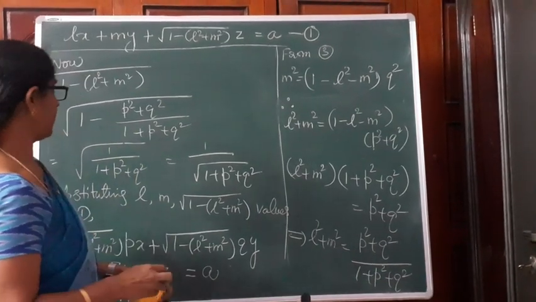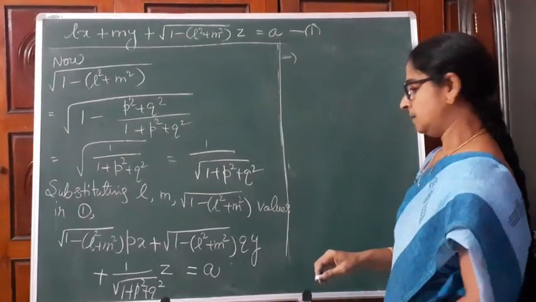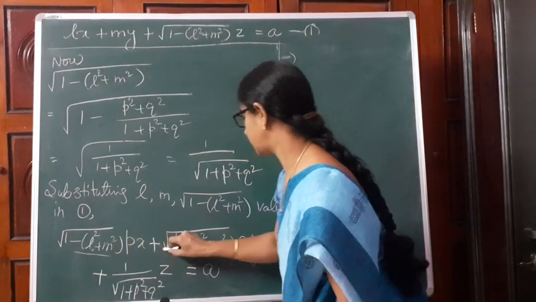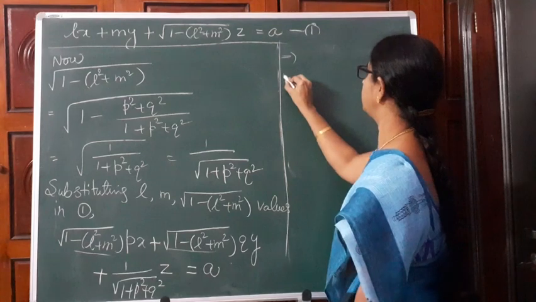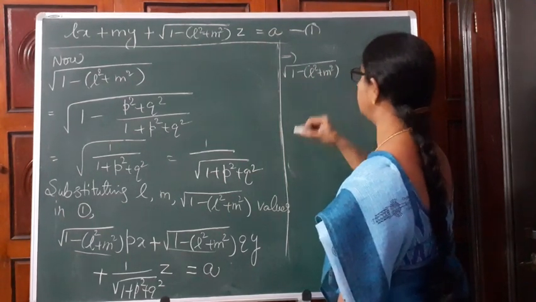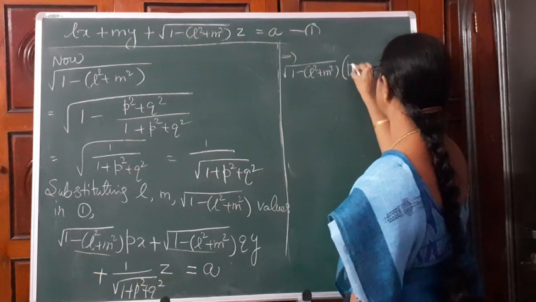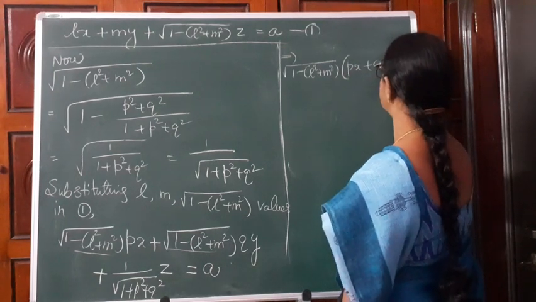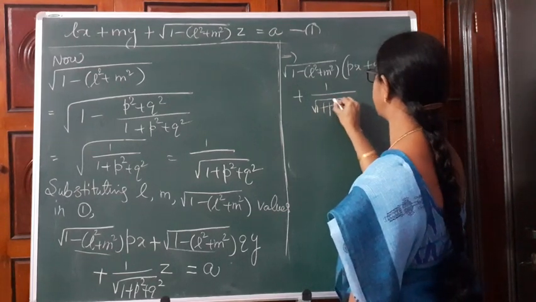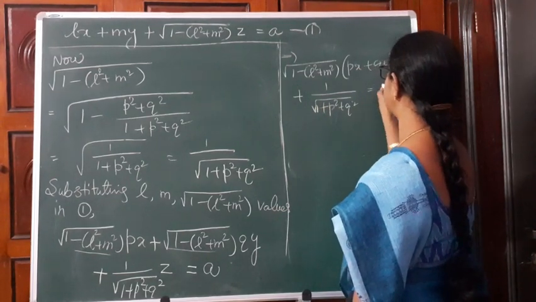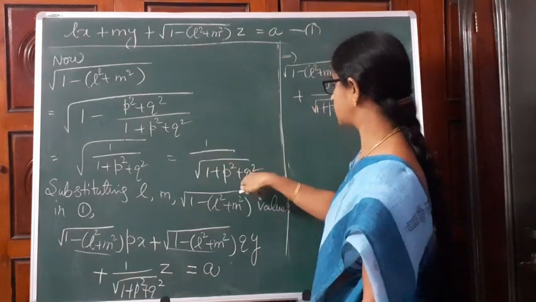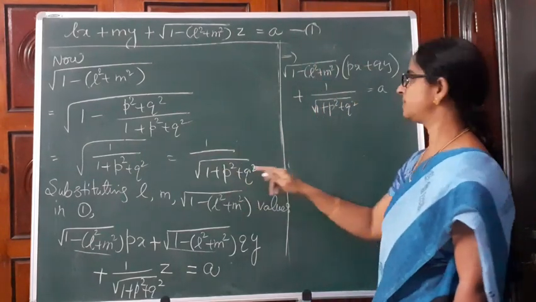Now we'll simplify this. This implies from these two terms, take square root of 1 minus of L square plus M square common. Then we get Px plus Qy here plus 1 by root over 1 plus P square plus Q square is equals to A. But what is square root of 1 minus L square plus M square? It is 1 by root over 1 plus P square plus Q square.